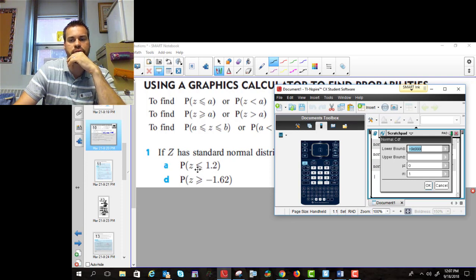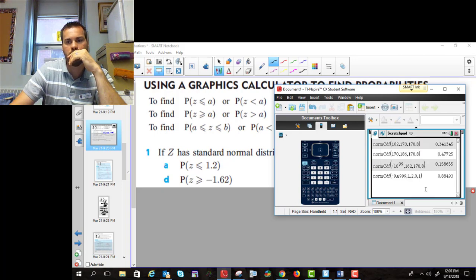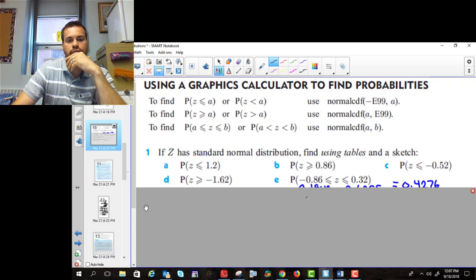Let's say we just do that one just to show you. You see how it's defaulting to 0 and 1, you just leave those alone. So you just type in 1.2, you leave this, that's your negative infinity, and you just hit OK. So you can find a z score just by leaving the mean as 0 and the standard deviation as 1 on your calculator, and it defaults to that. And so you can do a bunch of these, you don't have to.